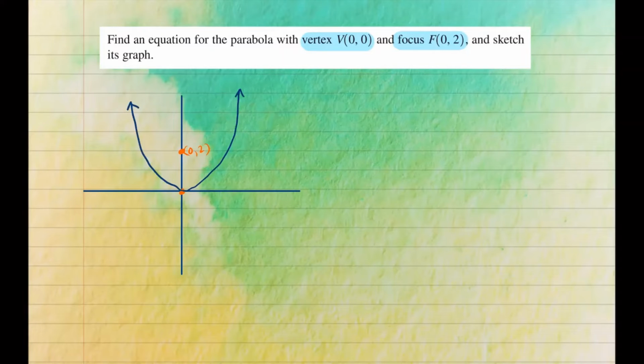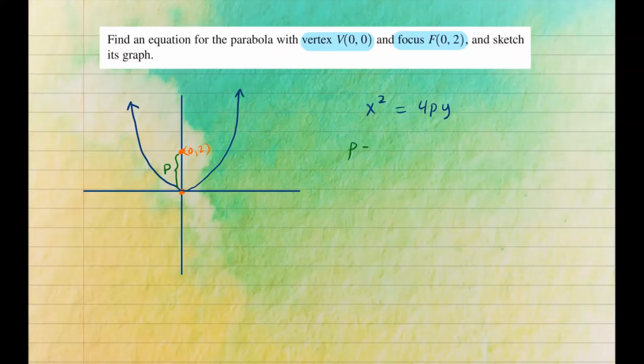And this makes sense. So now we're looking at the equation that has the form x squared. So this would be x squared is equal to 4py, since the vertex is 0, 0. And we just need to find the p-value. So this distance right here is the distance from the vertex to the focus, that's p, and we know that's 0, 2, so it's 2 units.